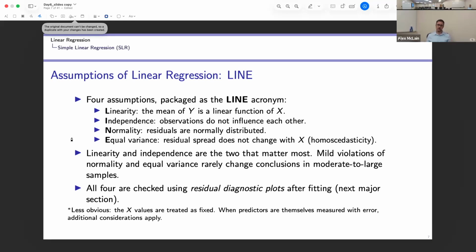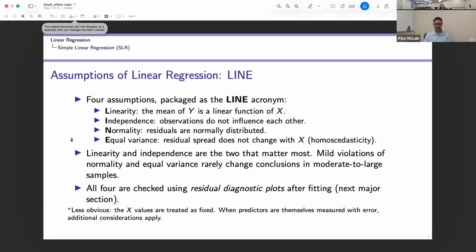Now, all these assumptions are important, of course, but there are 2 assumptions that are the most important. That's the first 2, the L and the I. The linearity and the independence are the 2 most important assumptions. And between those 2, the linearity is the most important assumption. Mild violations to normality, if our sample size is large enough, the normality is not going to kill us.